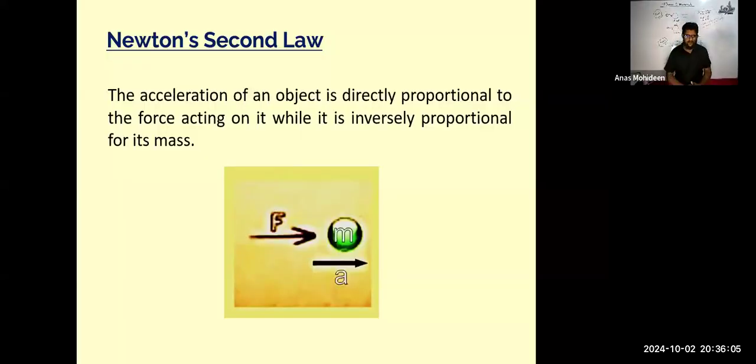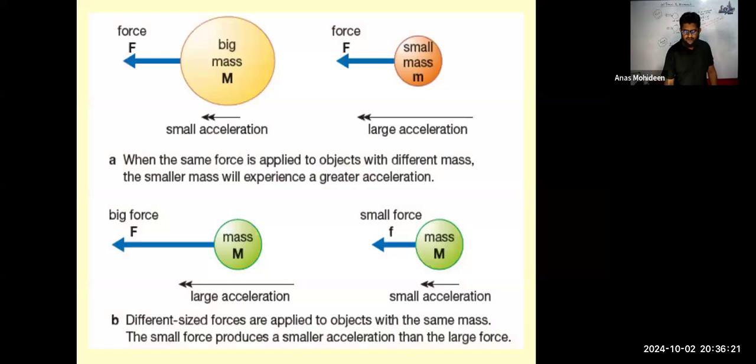You can see Newton's second law. What is the law? Acceleration is directly proportional to the unbalanced force, while it is inversely proportional to the mass. And I told you, inverse proportion means when the mass increases, acceleration decreases. Look at the first example.